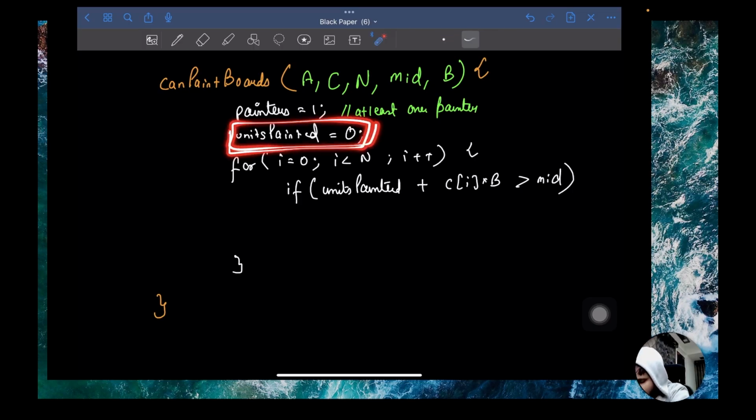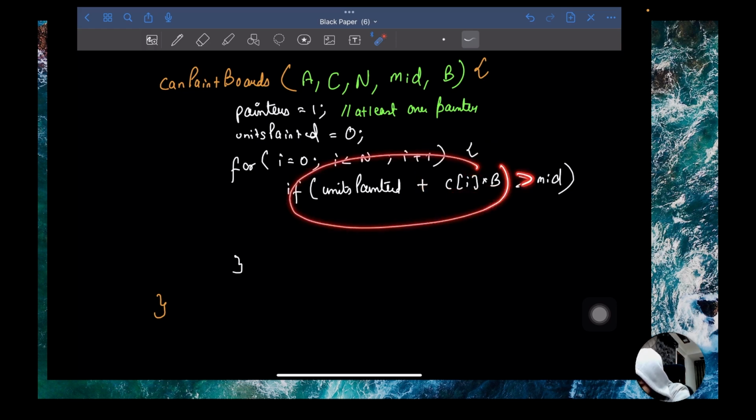Whatever time you have taken to paint the previous boards plus the new time that will be taken if I allocate you the ith board also, if this total time is greater than mid, then I need to allocate this particular board to a new painter.